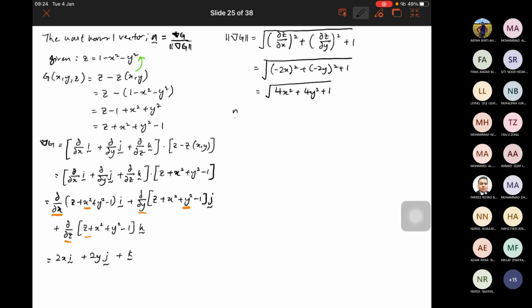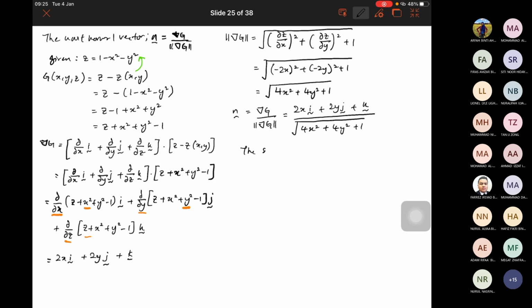So the unit normal vector n will be equal to delta G over the Euclidean length of delta G, which is 2xi plus 2yj plus k over the square root of 4x squared plus 4y squared plus 1.